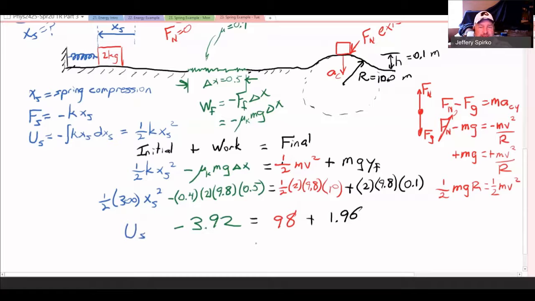So I can take my 98 plus 1.96 and then add my 3.92 joules, and I got 103.88. So this boils down to 1/2 times 300 times xs squared equals 103.88.